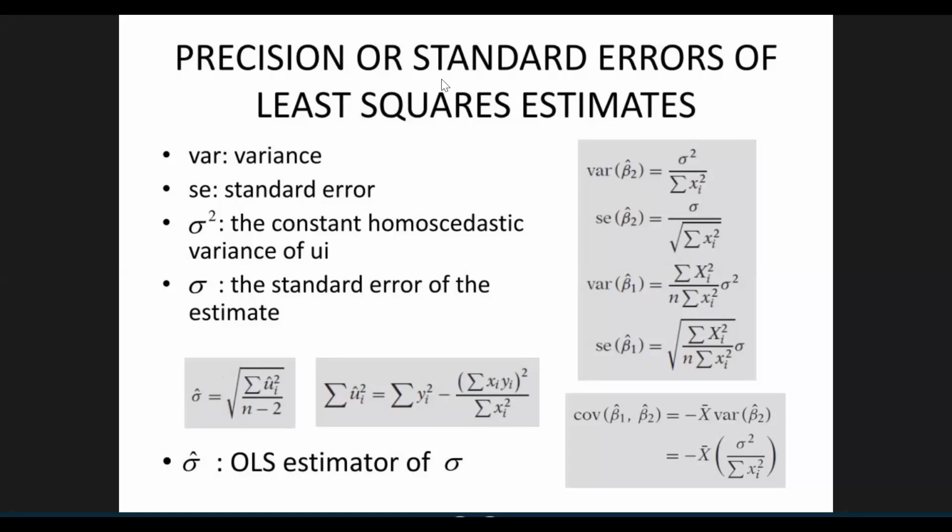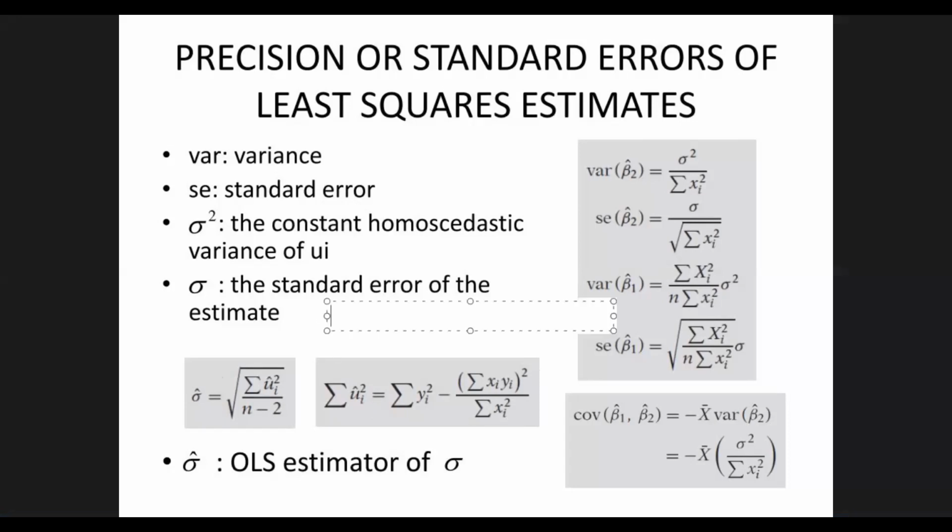You cannot find that by the usual values of x and y, because small xi is equal to capital X minus mean of X. Similarly, small yi is equal to capital Y minus mean of capital Y. So note this small yi and this small xi.